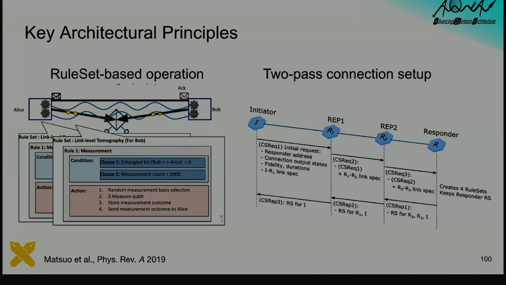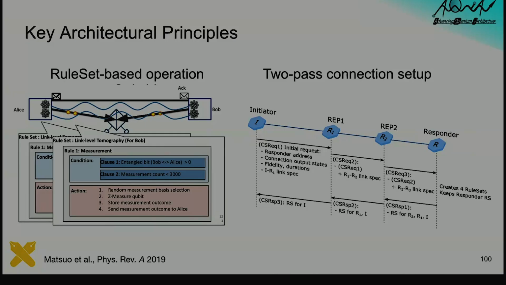That set of rules can support conditional operation, but it's deliberately designed not to be, in computer science terms, Turing complete, because once you start getting Turing complete programs running at every node along the chain, your ability to prove things about what's going to happen and whether or not it's going to make forward progress all goes out the window. So we chose to limit the semantics there.